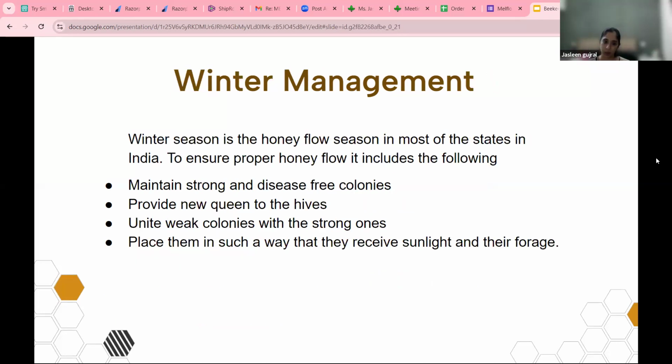Then in winter management, in most of the states in India, it is considered a honey flow season. So in order to get the most honey during this season, you need to maintain the boxes free from diseases and make sure that they are strong.